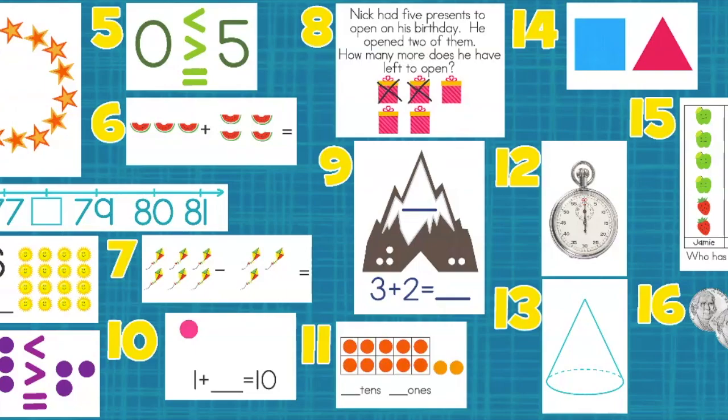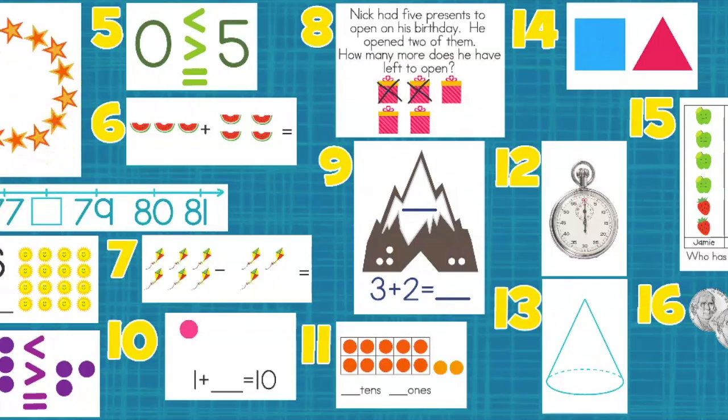We have 14 stars today. That's a lot of stars. How many 10s do we have? Just 1. And how many 1s do we have? 4. So 1 10 and 4 1s makes 14.